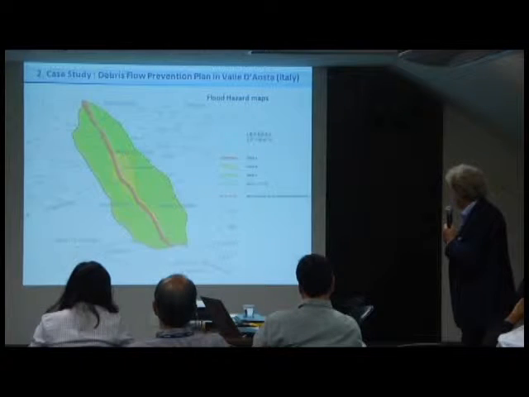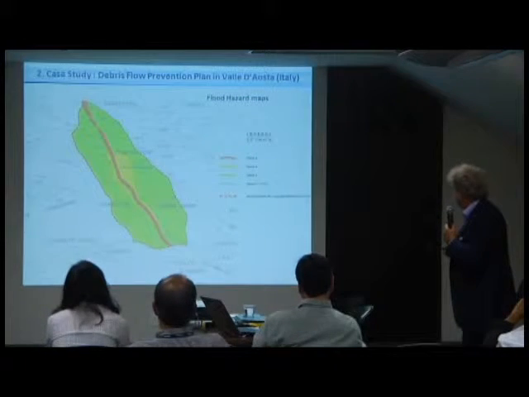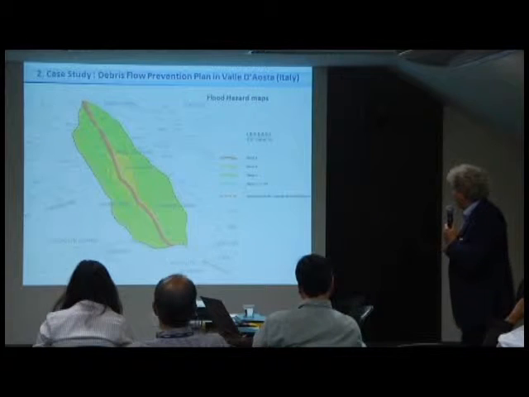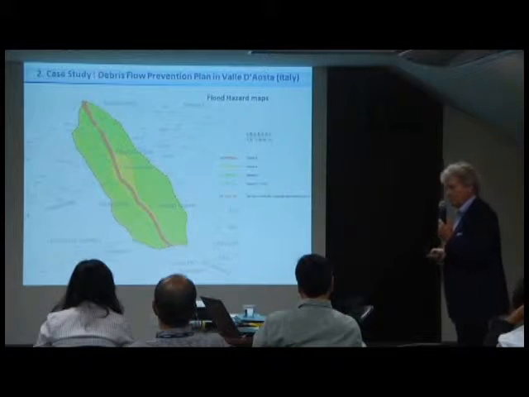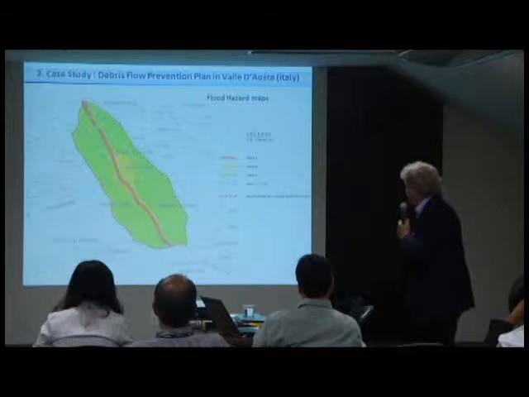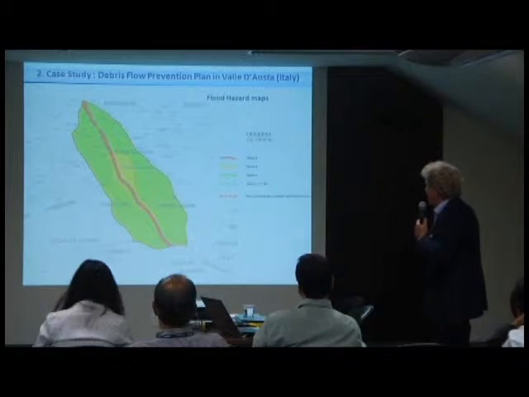Then in yellow we have the other area, which is the B area, which is more prone to flood, to debris flow, and the green area where the risk is lower.